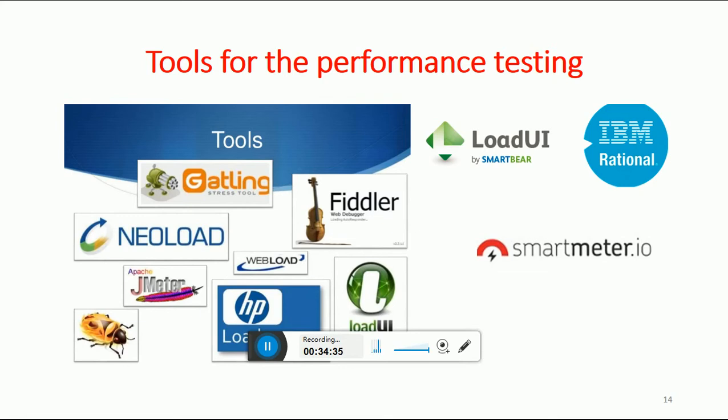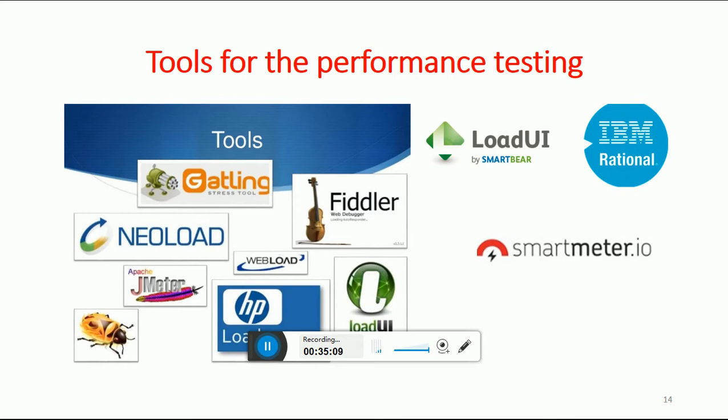You see a lot of logos I collected for you. There are a number of tools available. A few are paid tools, and many are free also. For example, Apache JMeter is one of the famous tools. It is open source and free. LoadUI SmartBear is free at a certain level, and Gatling is also a free tool, and so on.